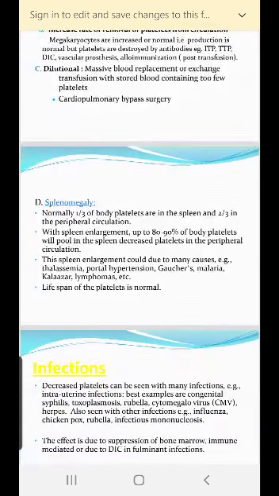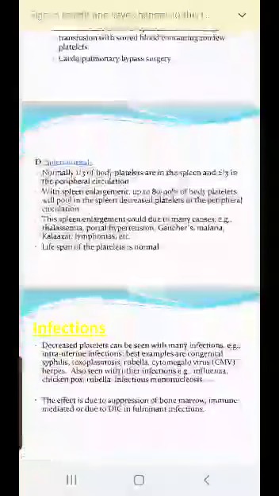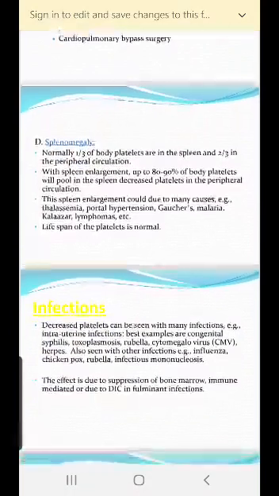And the fourth reason could be that the patient is having some splenic enlargement because of thalassemia, Gaucher's disease, malaria, Kala Azar. Because of these conditions, the platelets are getting stuck inside the spleen, which causes splenomegaly. So the platelets are normally present, there are no antibodies, but they're stuck inside the spleen. That is why the circulation will show features of thrombocytopenia.